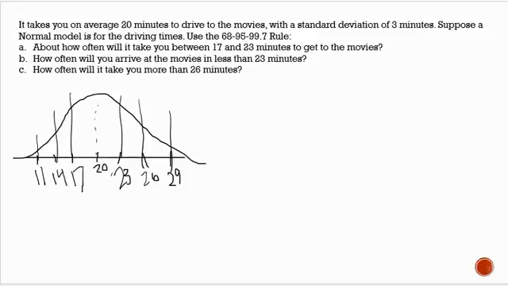What percentage of your data falls between -1 of your standard deviation and +1 of your standard deviation? You should say 68%. So your answer to this question is 68%.